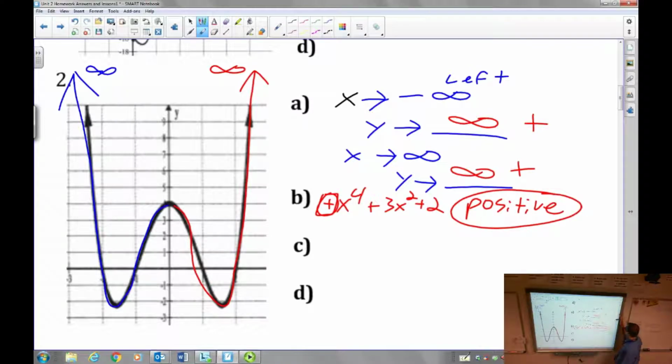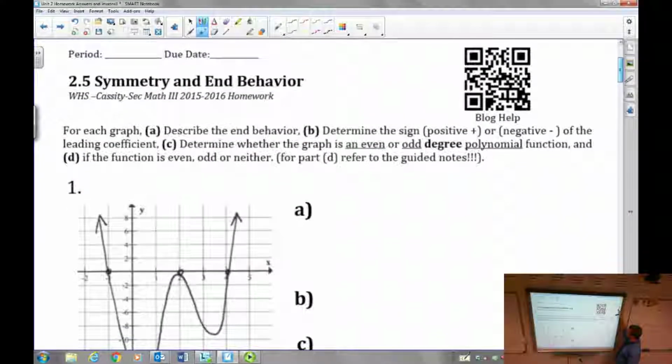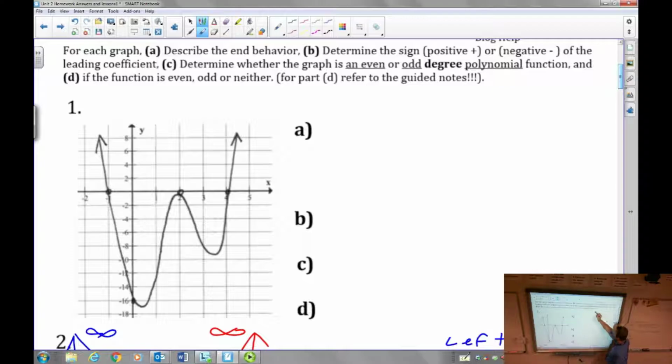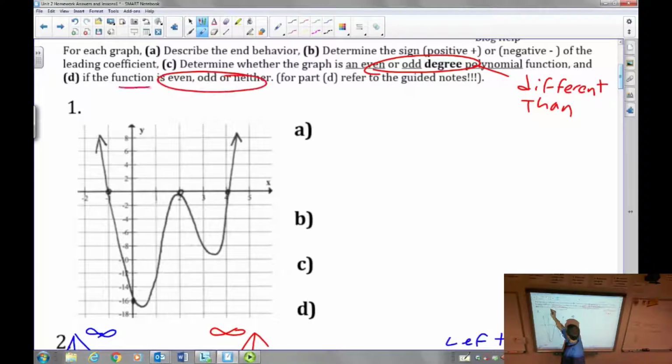Good. Okay, next we want to determine whether your graph is even or odd degree. Even or odd degree is different, so be careful now. That's different than an odd, even, or neither function.